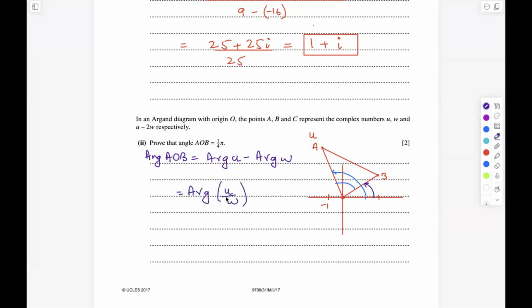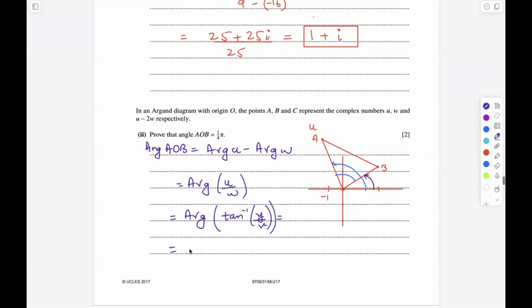Now, as we already have u/w in a simplified form, which we did in the first step, which becomes 1 + i. So finding the argument of u/w, we do tan inverse of y/x. The y coordinate of u/w is 1 and the x coordinate is also 1. So the argument will be tan inverse of 1/1, which is equal to pi/4.